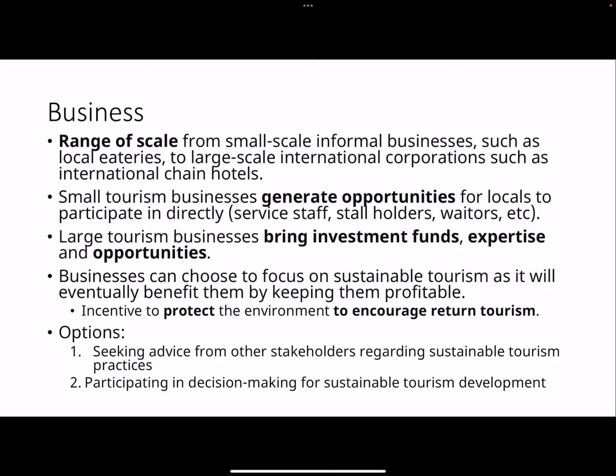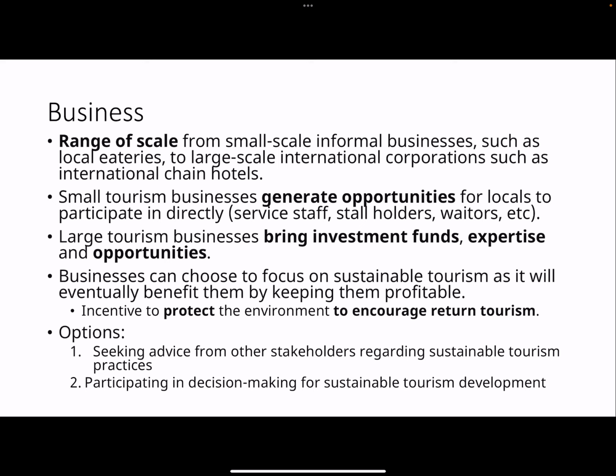For example, if I decide to build Disneyland in Singapore, you will not only need to build the theme park itself. You need labor to stock the theme park, you need cleaners, you need staff, you need cast members, you also need food, so your raw produce and all this. These are all the benefits that a large tourism business can bring to you. Okay.